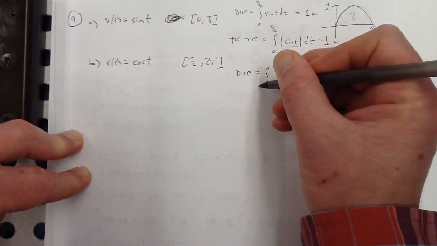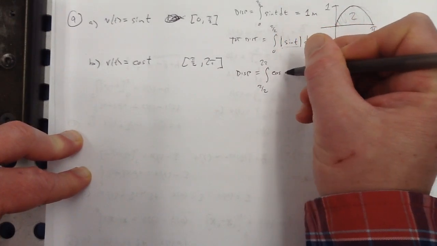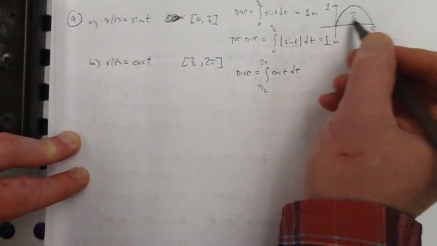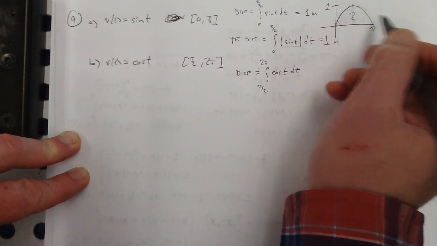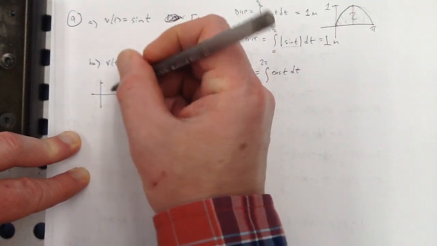So the displacement is going to be from pi over 2 to 2 pi. We just want the straight up area of the cosine function. Once we know this, that must be 1 because of the symmetry, I think we can do it by just looking at the geometry.